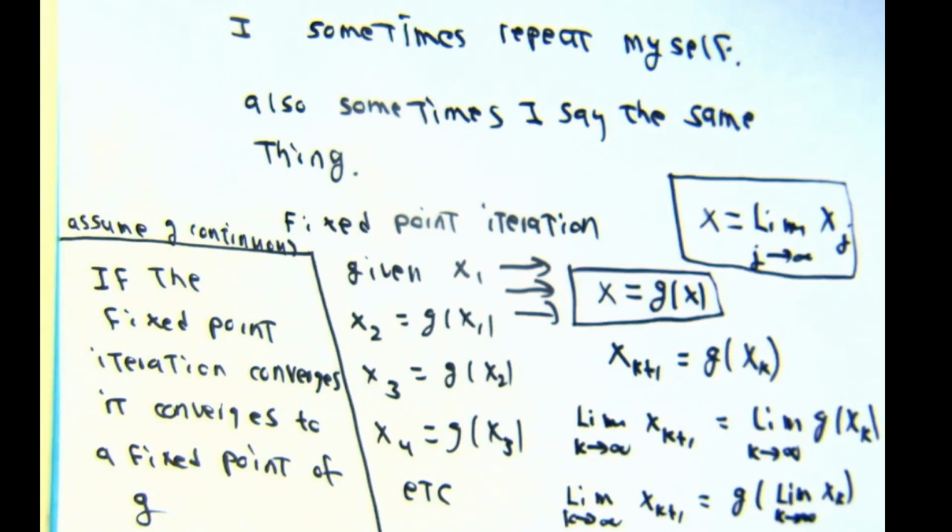So this tells me if g is continuous and the fixed point iteration based on g converges to something, then that something, the x, must obey the equation x equals g of x. This means that this x is a fixed point of the g function.